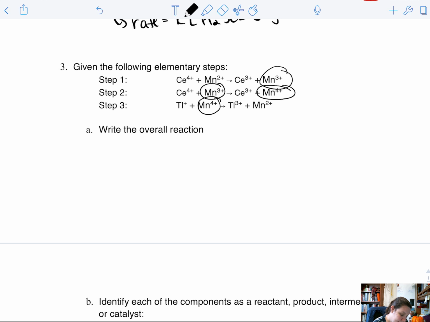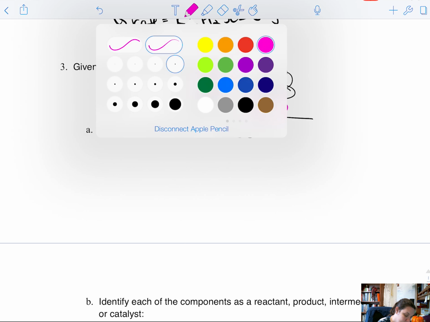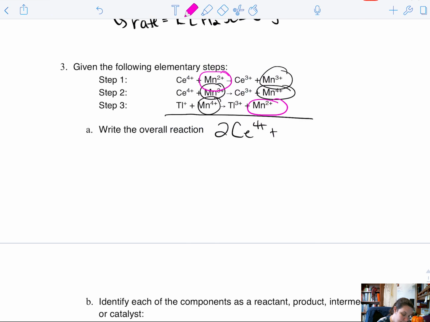And the rest of them are reactants or products. We also have that right there. There we have a catalyst.